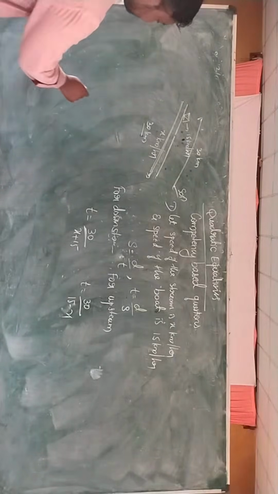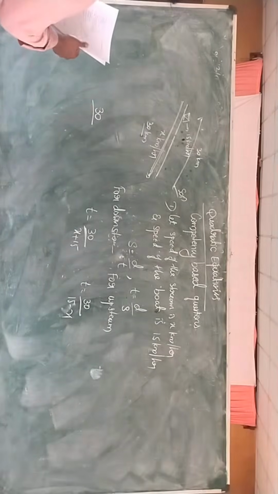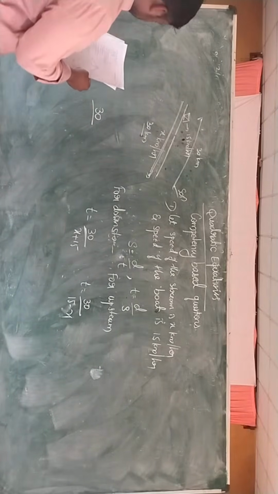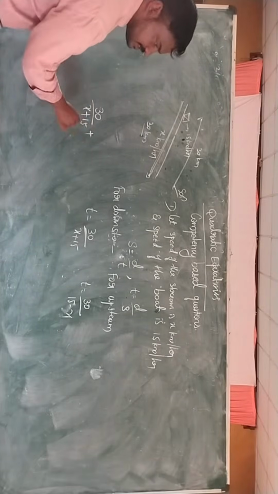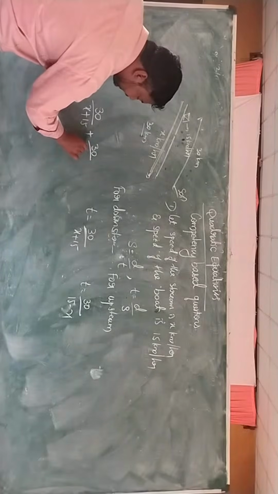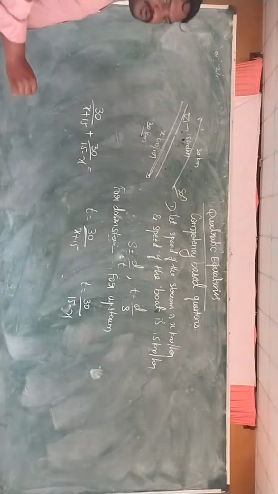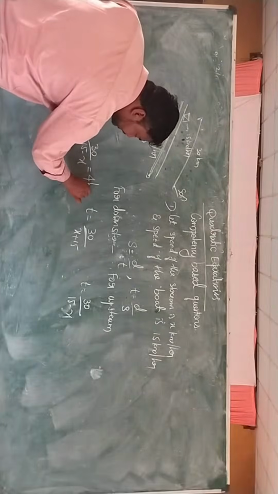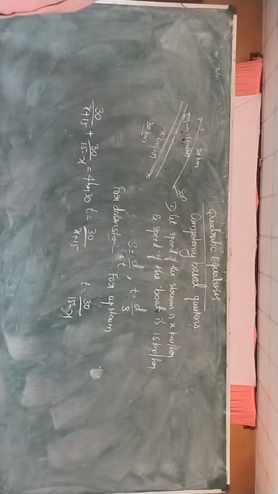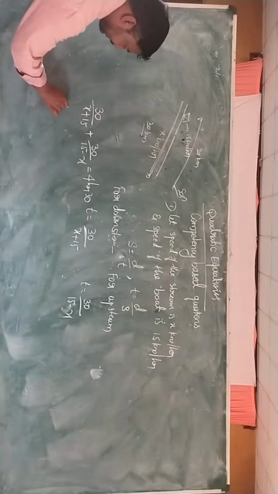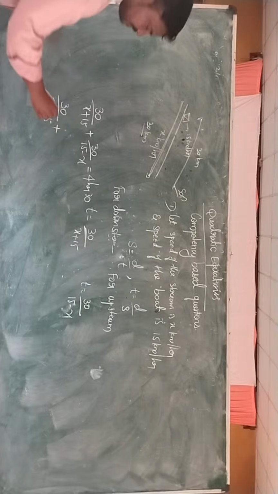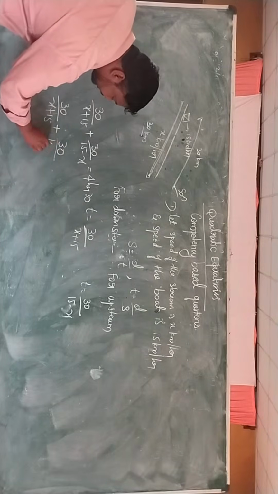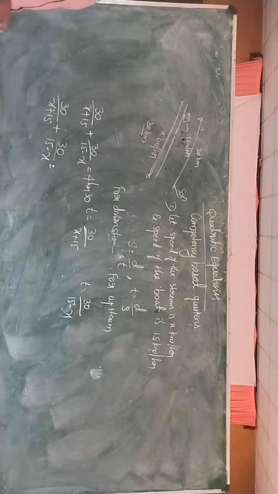So here I can write 30 upon x plus 15 plus 30 upon 15 minus x is equal to 4 hours 30 minutes.